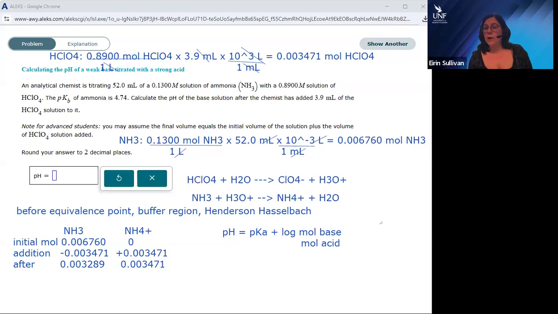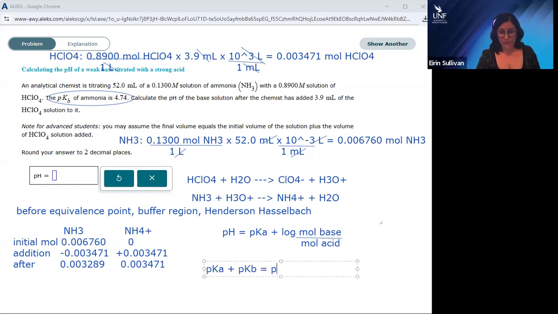The only thing is I don't have pKa for ammonium, okay? I've been given pKb of ammonia, so that's good. That means I'm almost there, okay? Because we can use the fact that pKa plus pKb for a conjugate acid-base pair equals pKw, which is the p of the ionic product of water.